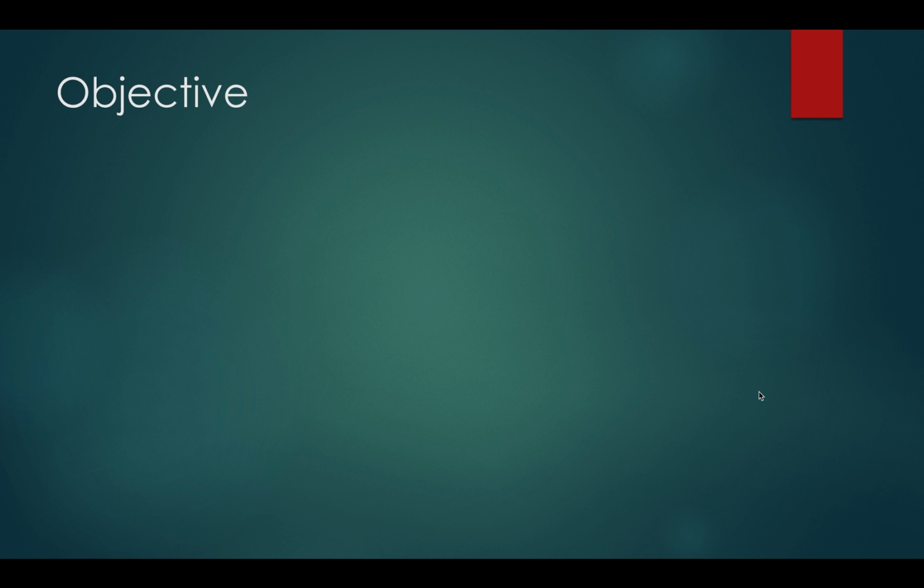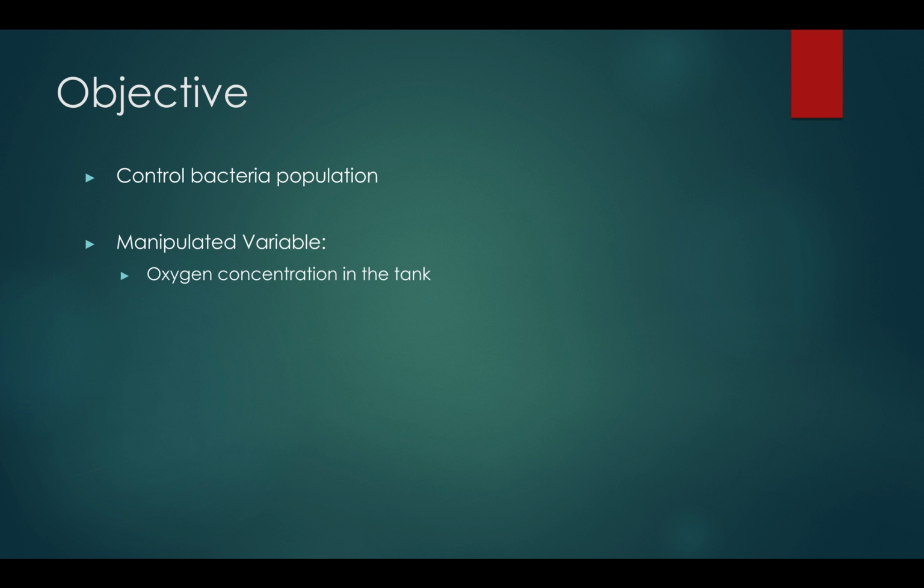Our objective for this project is to control the bacteria population so that we can have our clean water. Our manipulated variable is the oxygen concentration in the tank. Our actuator is going to be the 8 blowers, which we will activate as needed in order to control the oxygen flow.